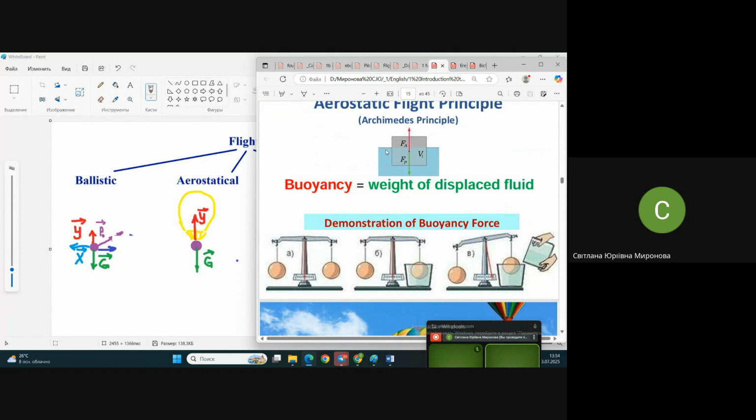If a body is inside some media, here a liquid, it takes the place of this media, and the force with which the media tries to push it out is equal to the weight of the media, of this liquid, gas, air, whatsoever. It may also be liquid metal, for instance. The weight of the displaced media is equal to this buoyancy force.